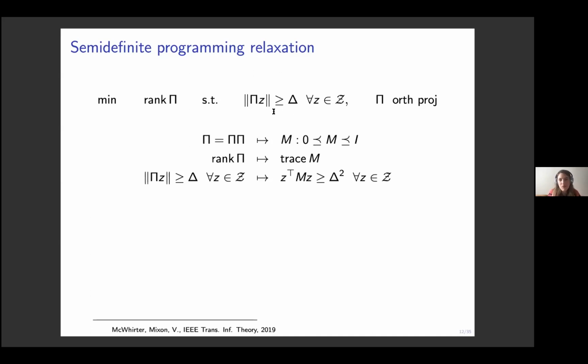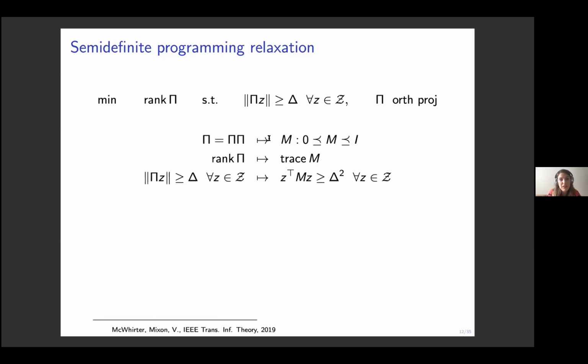The orthogonal projections are matrices that satisfy that pi is equal to pi squared because it's a projection. The singular values of this matrix are either 0 or 1.